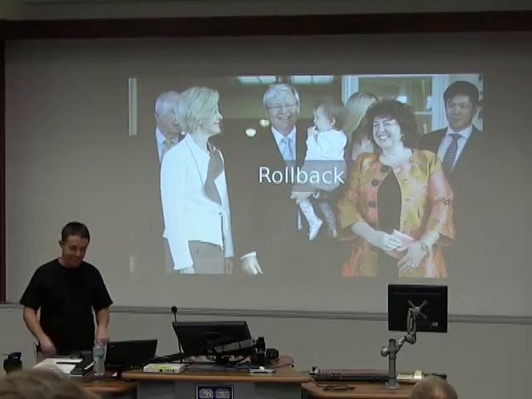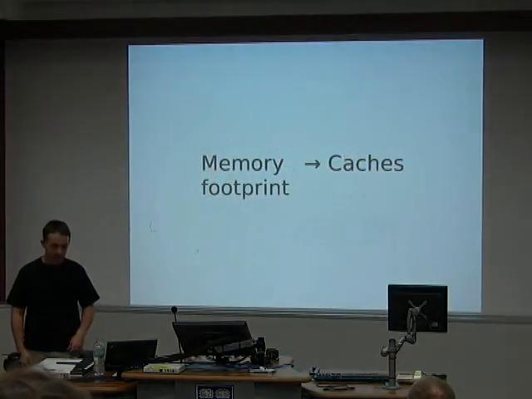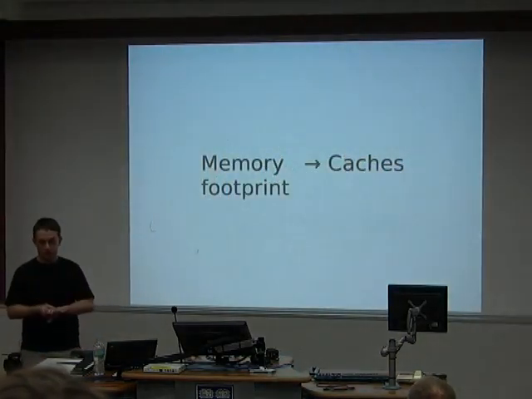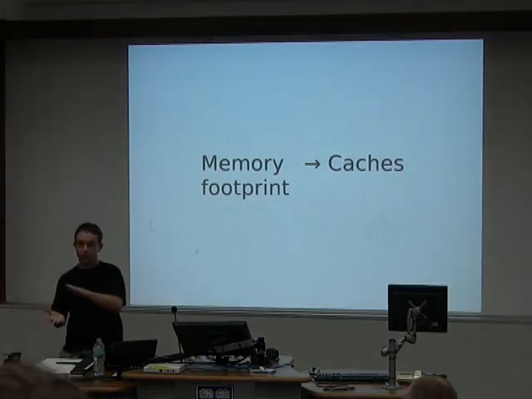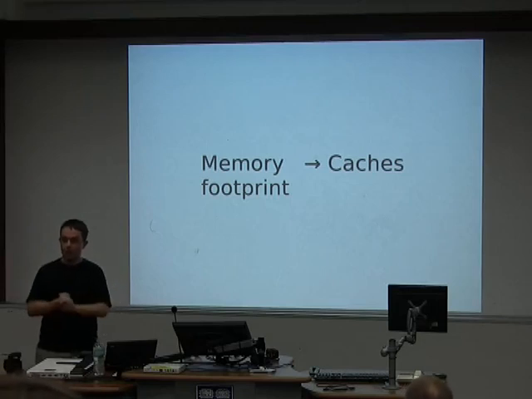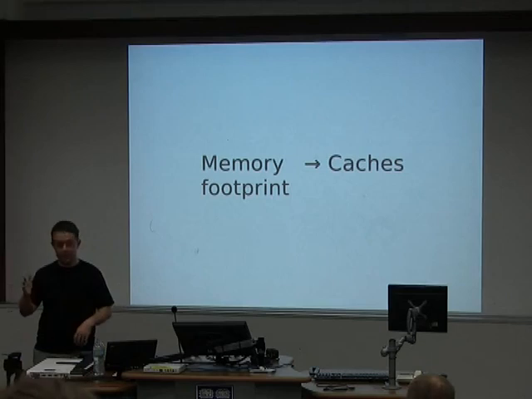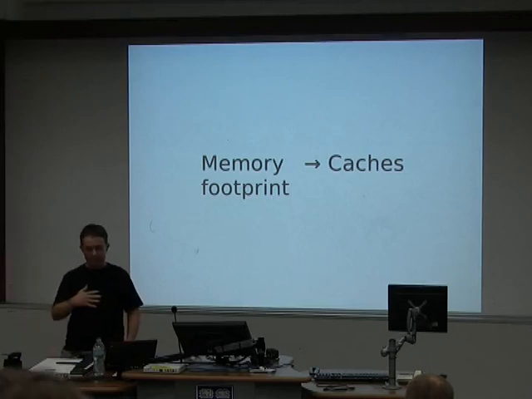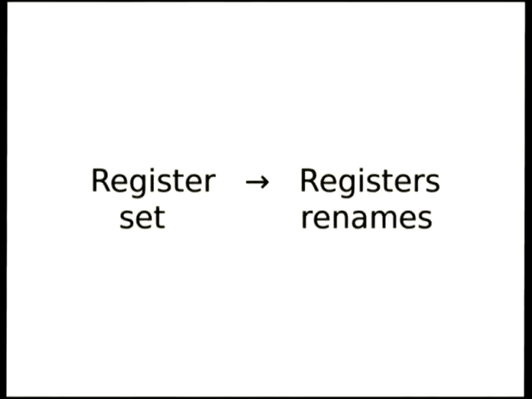So there's two things that the hardware needs to do. One is the transactional memory footprint. We've already talked about this, we already have this stored in the caches. If it needs to roll back, it can basically just invalidate those cache lines. They won't participate in cache coherence or cache intervention. So that's actually fairly easy. The second thing that you need to do is the register set. These are your GPRs, floating point registers, all that sort of stuff has to be rolled back as well.